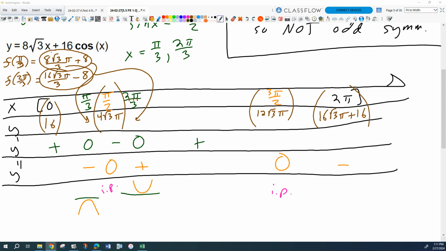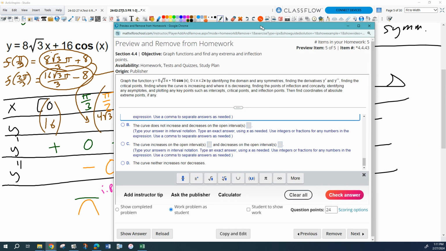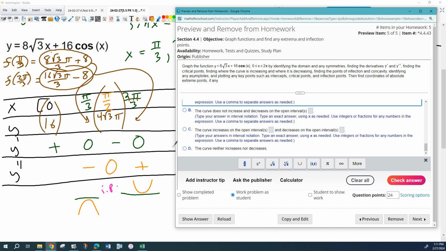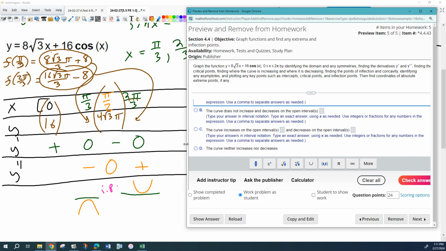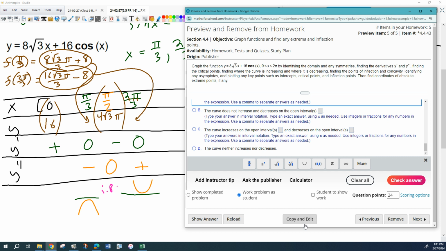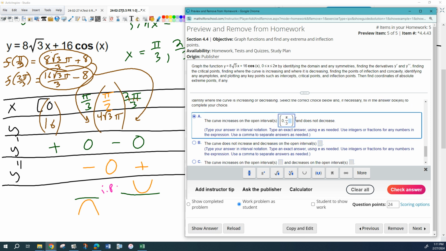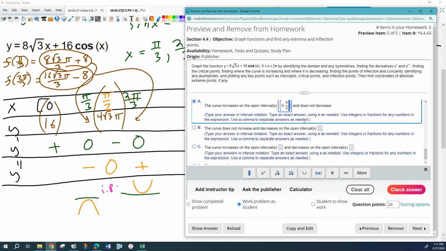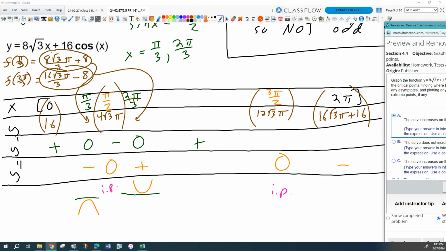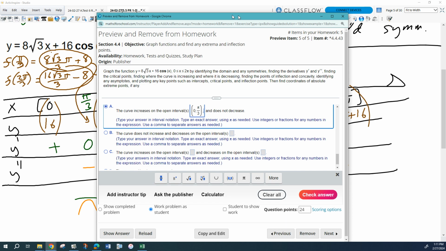You guys can't see that, can you? You didn't get to exult in the last time we got a green check either. Then I'm going to make another interval. It's increasing also from 2/3 pi to 2 pi.